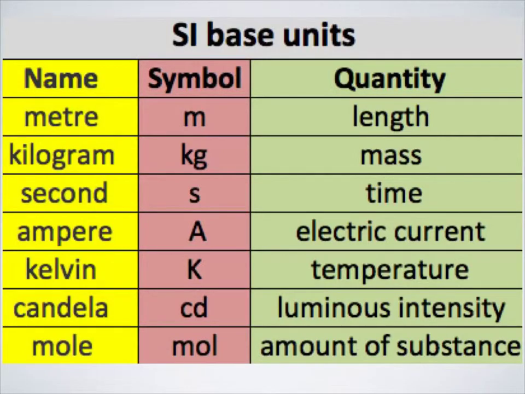Just as a review, here are the base units. Each of them we've talked about. The meter for length, the kilogram for mass, the second for time, electrical current, temperature, luminous intensity, and the amount of substance. Just to give you an idea, we will be using in this class primarily the kilogram, the second, Kelvin, and the mole.